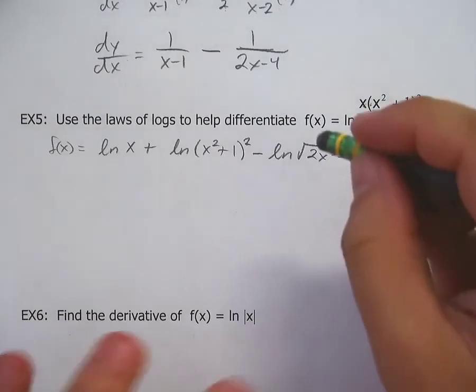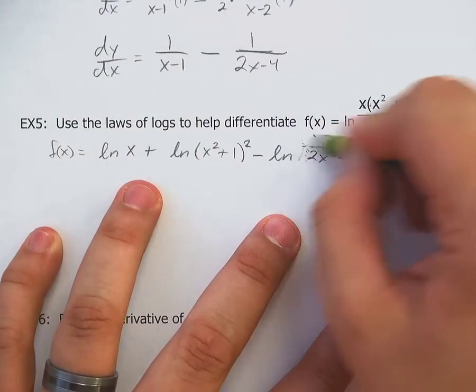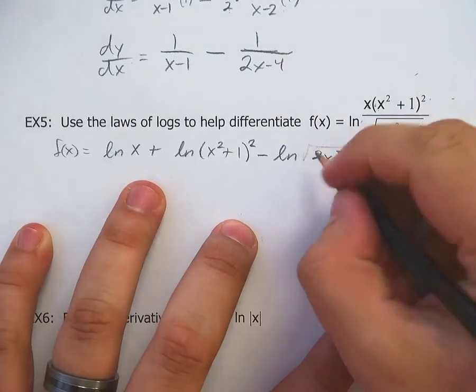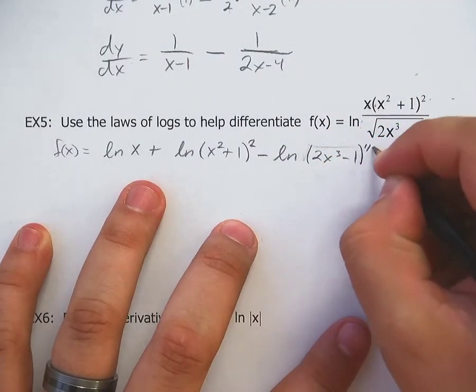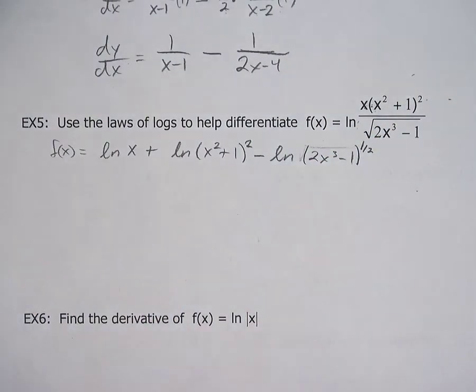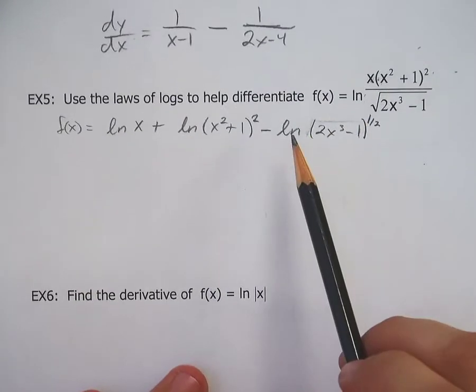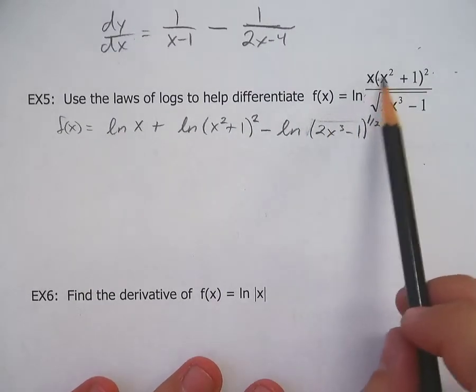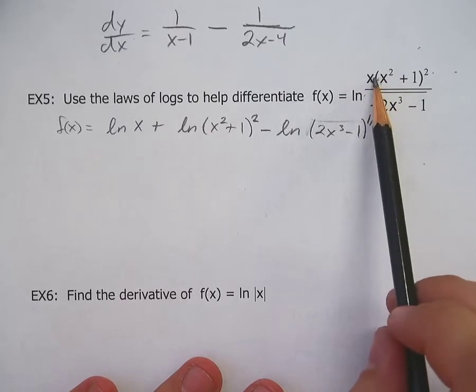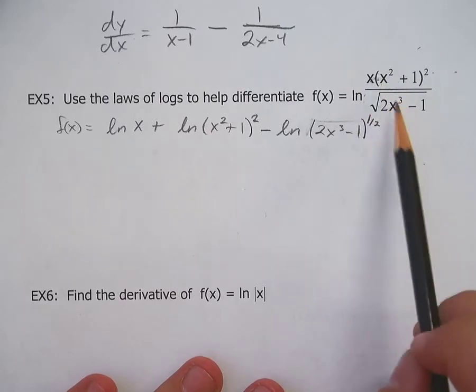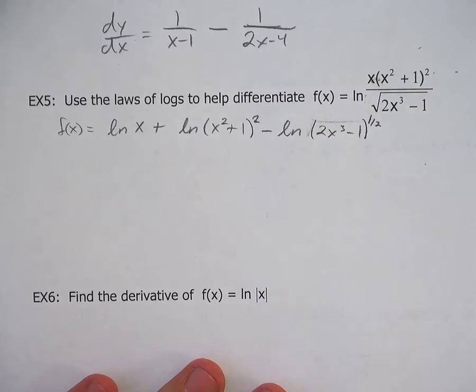And to save me some space, I'm going to write that as a power of 1/2, just like I always do. So all I did was split it up using my laws of logarithms. Anytime I'm multiplying through the top, put a plus sign between it, split it. Anything you're dividing by, put a minus sign.